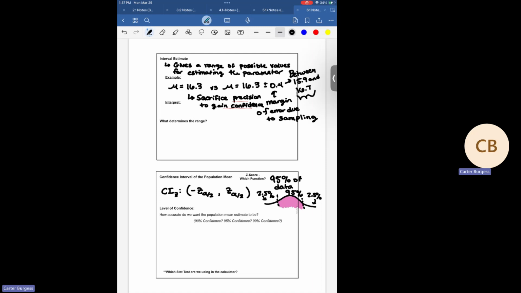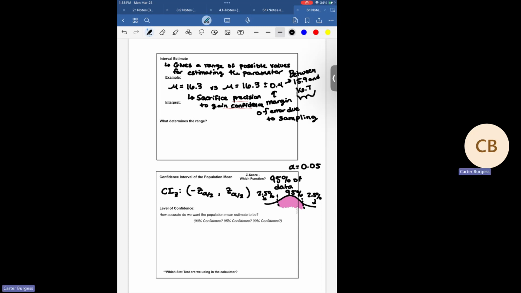So recall from our hypothesis testing, alpha was the likelihood that we fall to those outer ranges. If we are looking to capture 95% of our data, then our alpha is equal to 0.05. Just to say, there's a 5% chance that we don't fall within that 95% confidence interval that we're trying to construct.